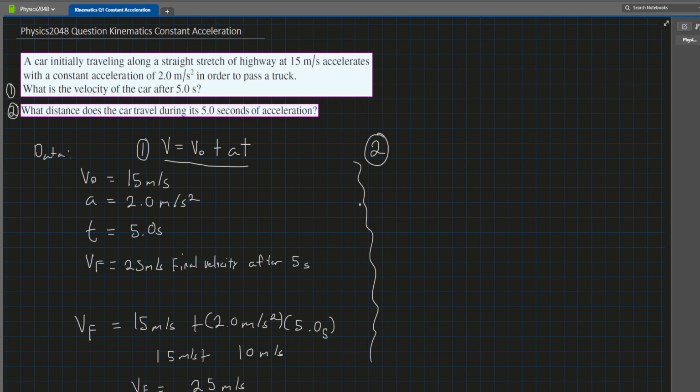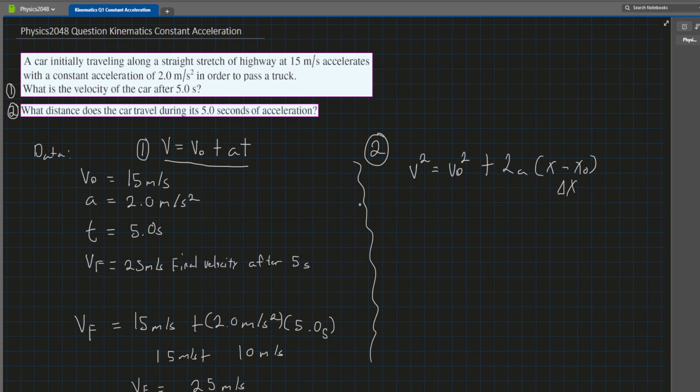So one of our formulas we can use, which we do have, for position, we can absolutely use this one, which is v squared equals v0 squared plus 2a times (x minus x0). We know that this is going to be the change in position.